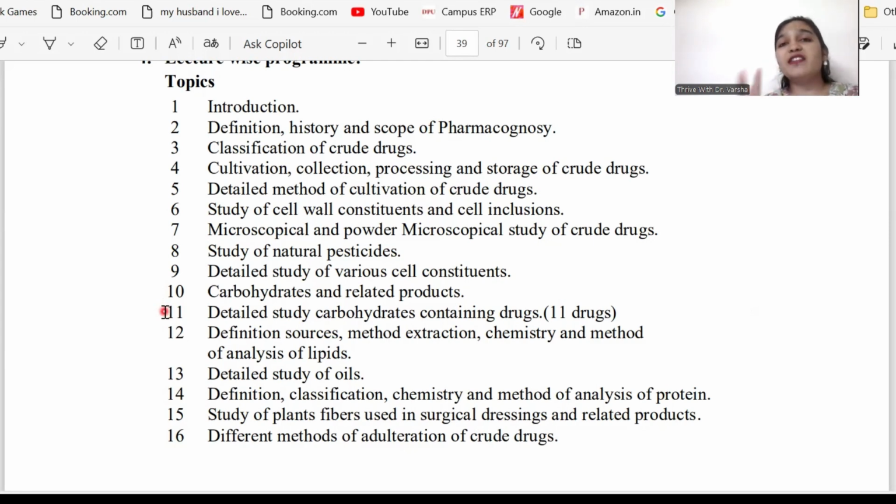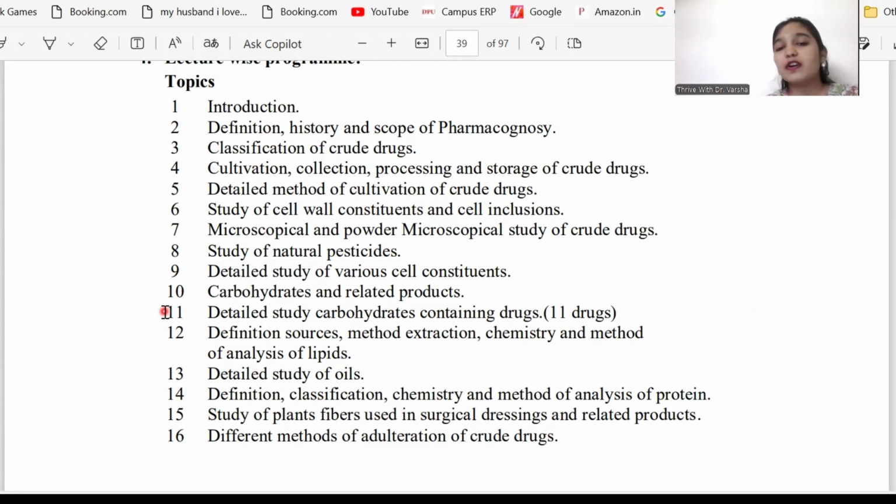Those 11 drugs will be selected by your professor, they will let you know, and that will be for 10 marks, guys. Then the 12th chapter will be for 10 marks, the 13th chapter will be for 10 marks, then the 14th chapter will be for 2 marks as well as 10 marks. The 14th and 15th chapters will be for 2, 5 and 10, they can ask you in any way.